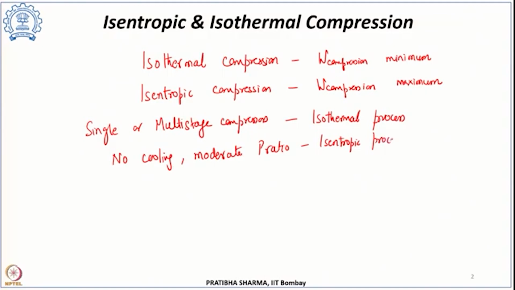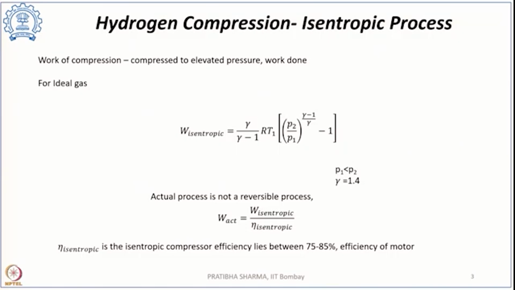And if no effort is put in to remove the heat generated during the compression process, then this is an adiabatic process. So, the process can be modeled according to whether it involves cooling or not, and accordingly modeled as the appropriate thermodynamic process.